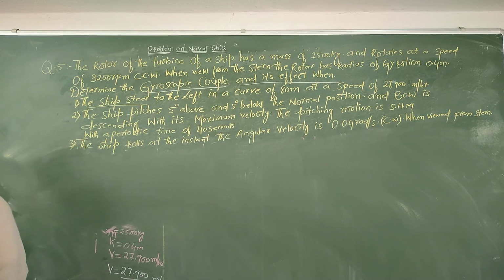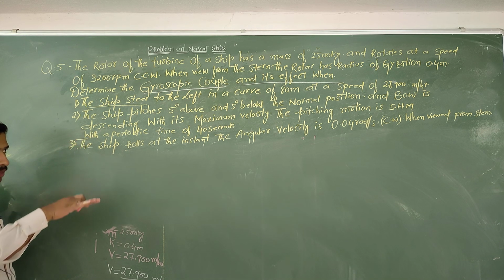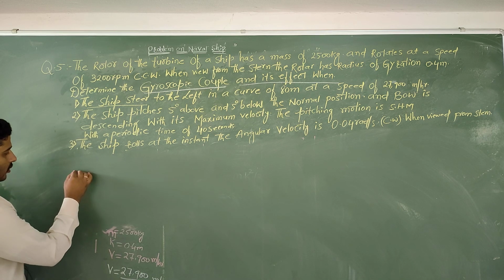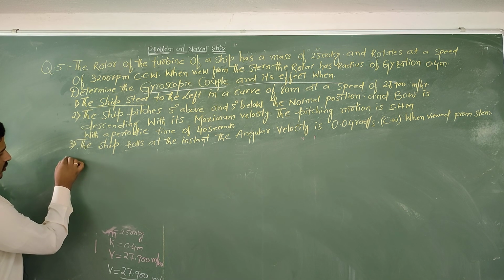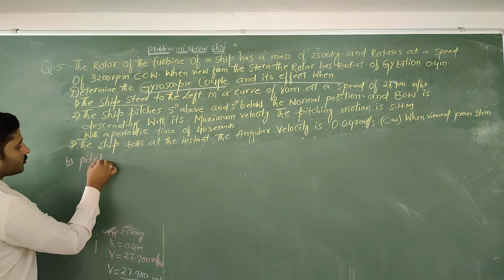Okay. The second condition is that the ship pitches 5 degree above and 5 degree below the normal position. The B condition is pitching.